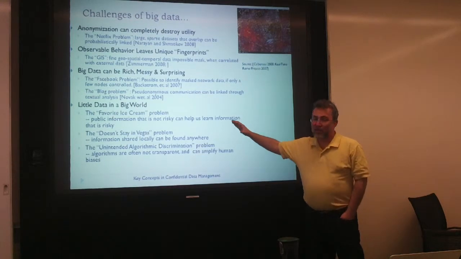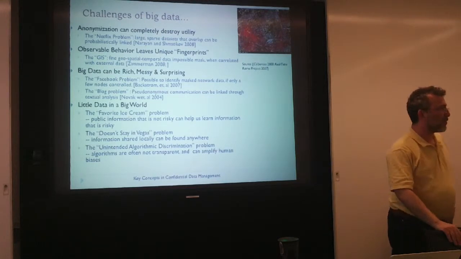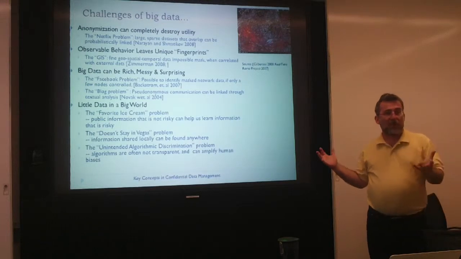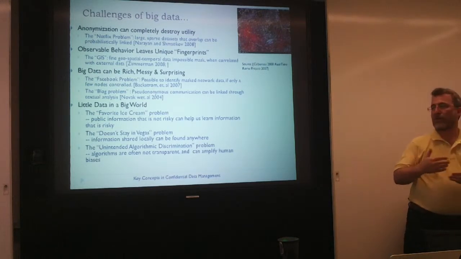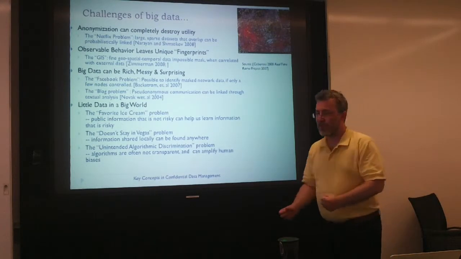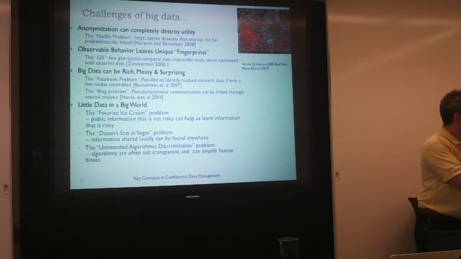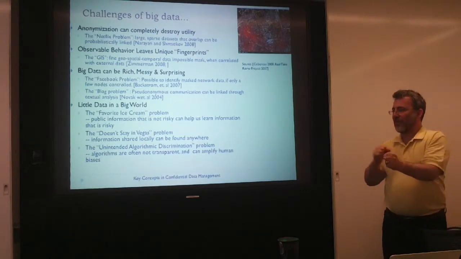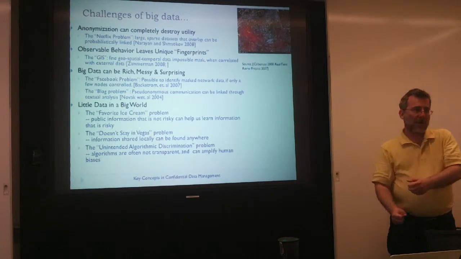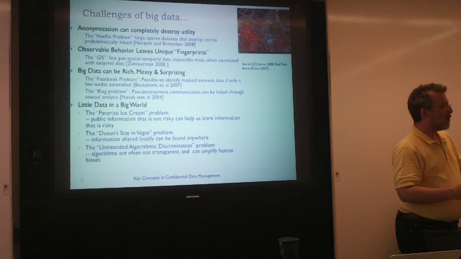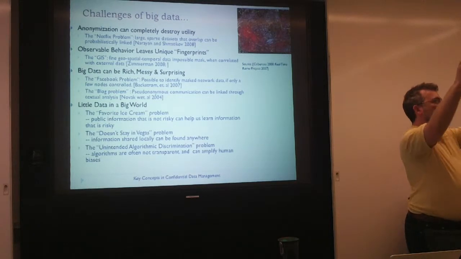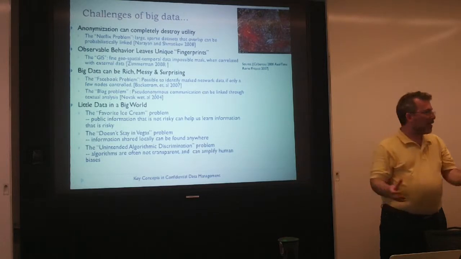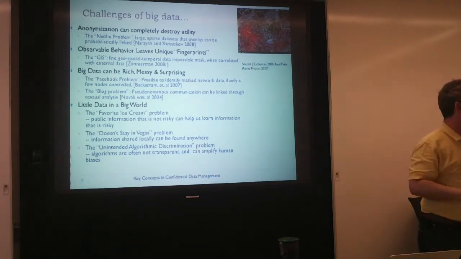And little data in a big world. Many of these techniques involve some assumptions about what auxiliary information is available, what information an attacker might have, and what information only you have. And the idea is to prevent that linking. Well, if I do a good job with that, and I publish my ice cream database, it's completely protective based on all the external information now available.